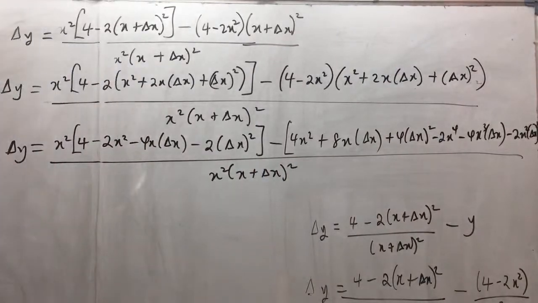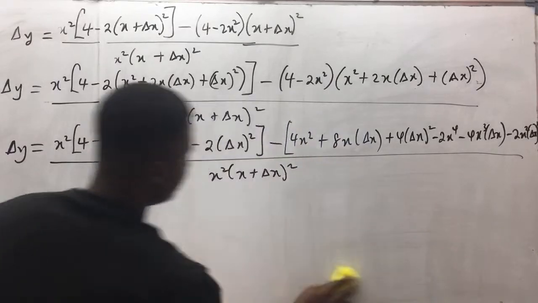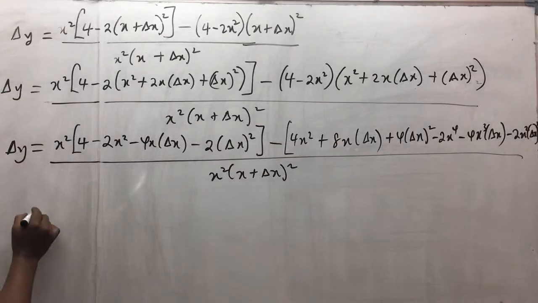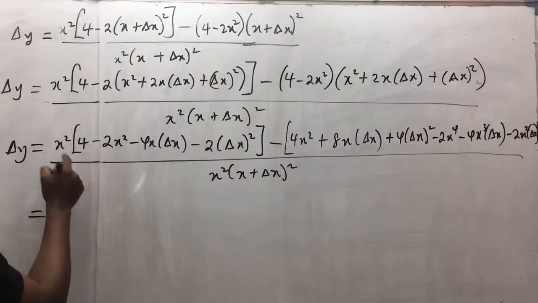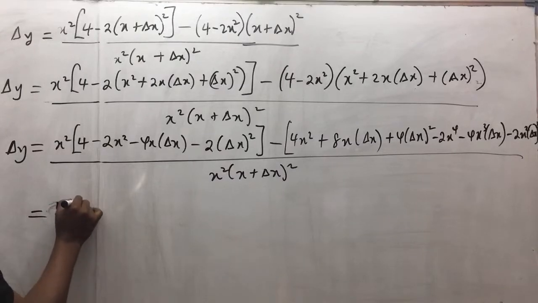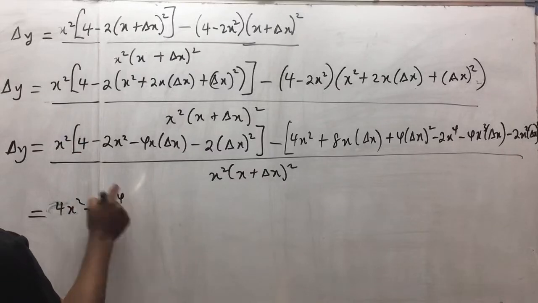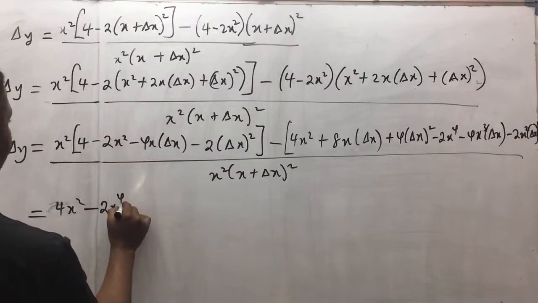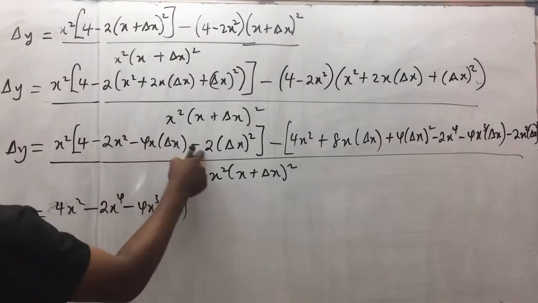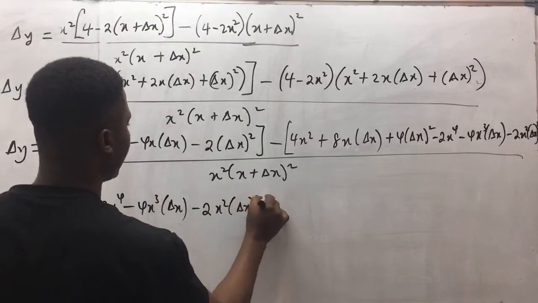Now, again, let me clean off this. At this point in time, I'm going to use x squared to open up that bracket. So I'm going to have here 4x squared times this. It gives me minus 2x to the power 4. x squared times this gives me minus 4x cubed change in x. x squared times this gives me minus 2x squared change in x all squared.